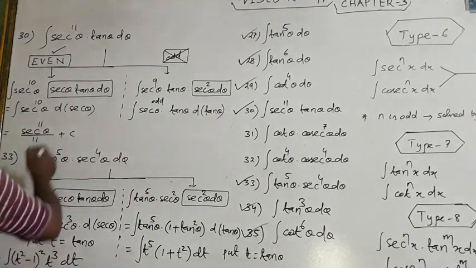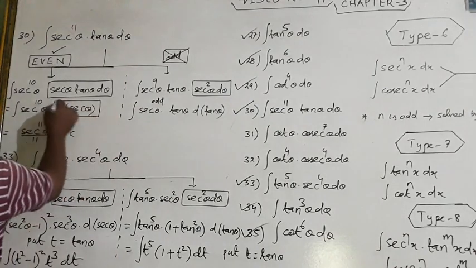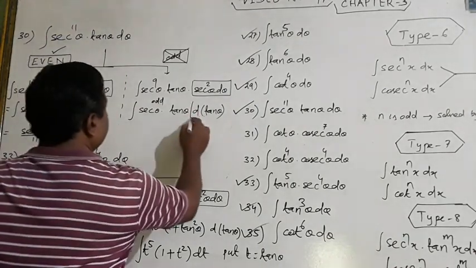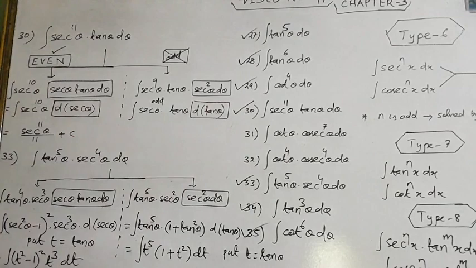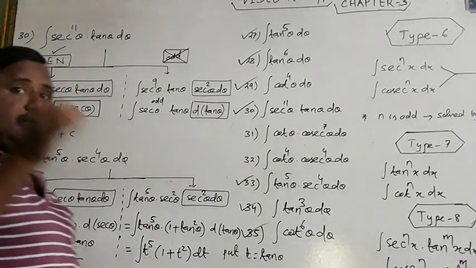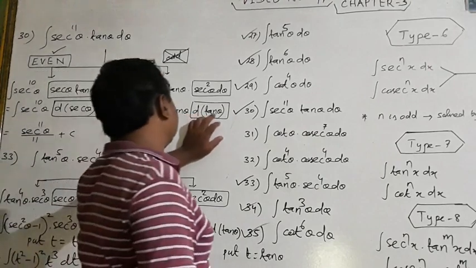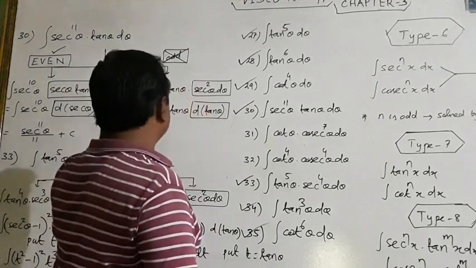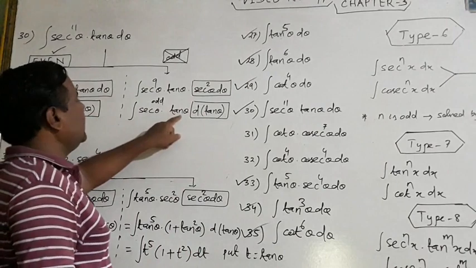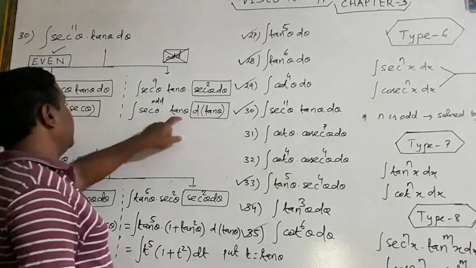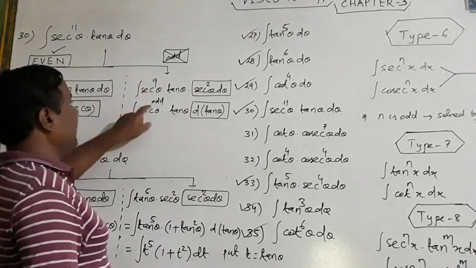It is very important. Either you have to convert to derivative of sec theta or you have to convert to derivative of tan theta. It is very important to remember that if it is derivative of tan theta, then every term should convert to tan theta. Here it is tan theta, okay, no problem. Here it is sec power 9, mind it.